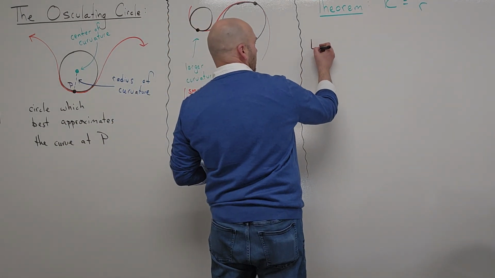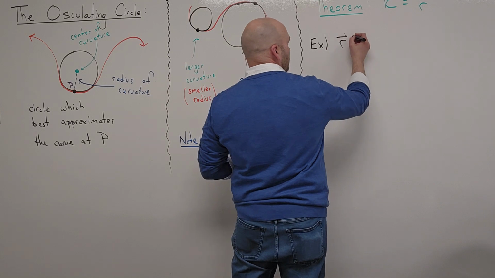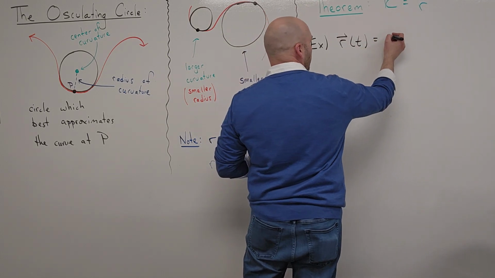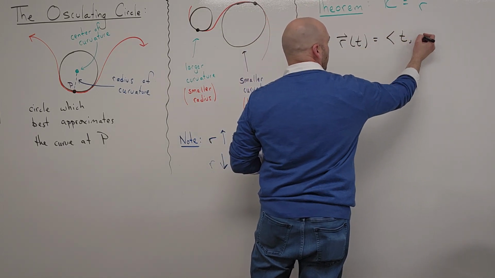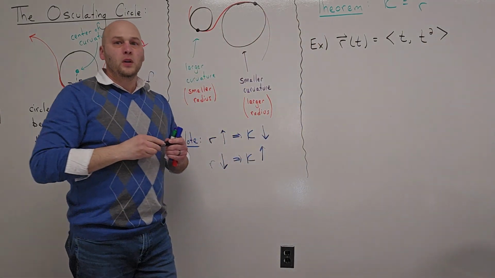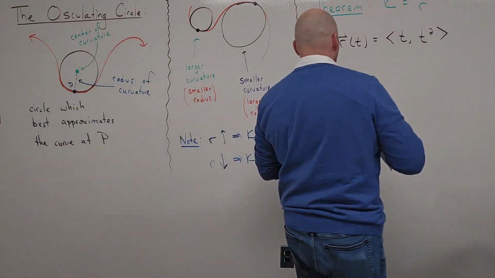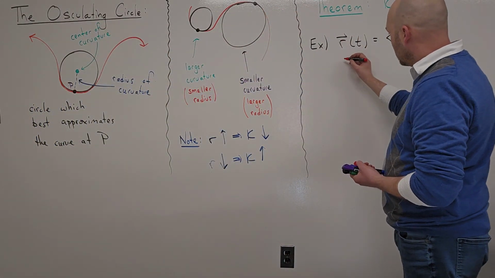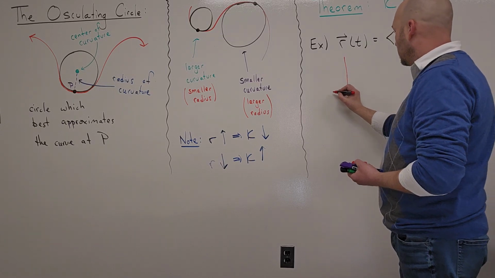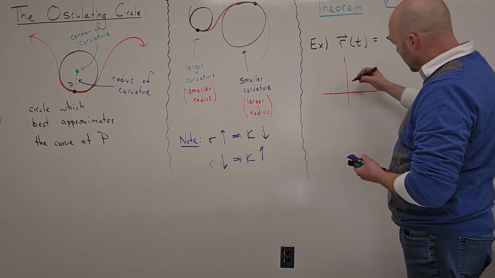So for example, let's look at the space curve r of t given by t comma t squared. Well, that's equivalent to the graph of y equals x squared.